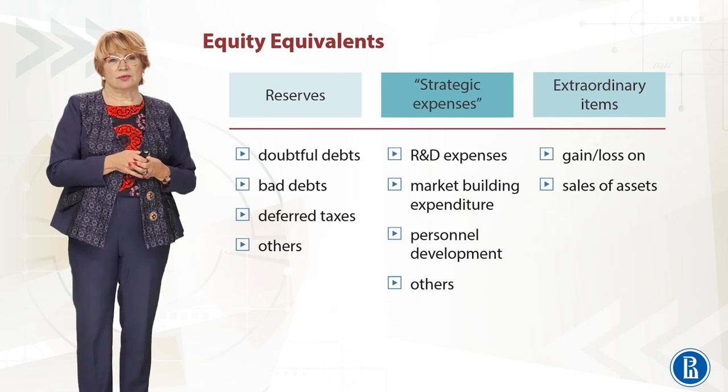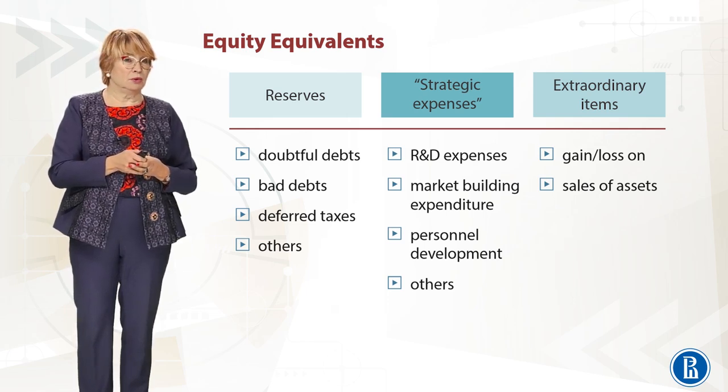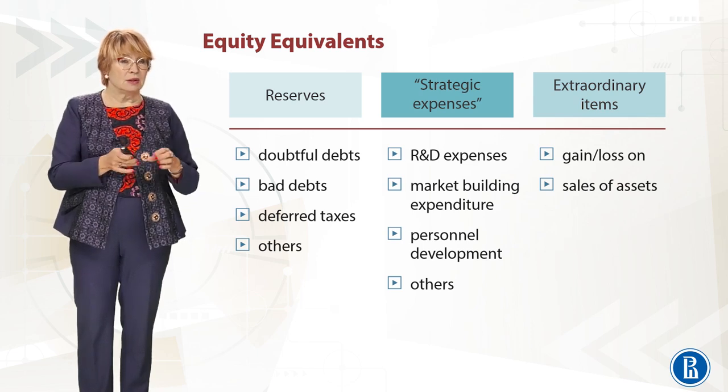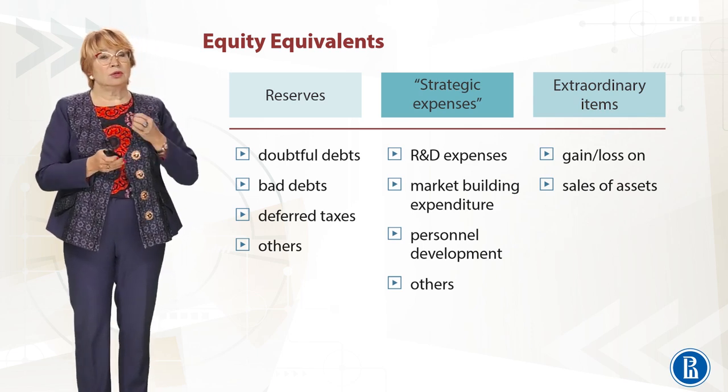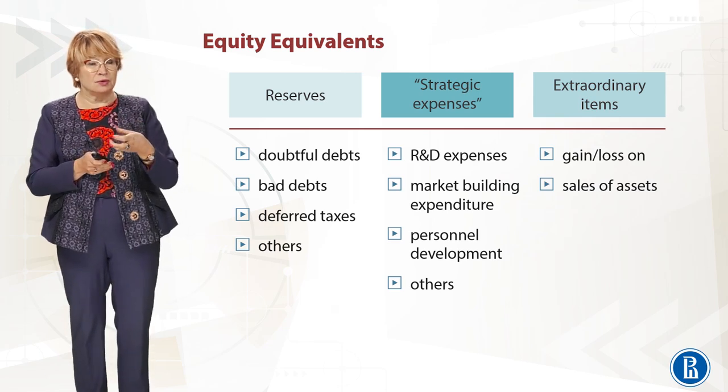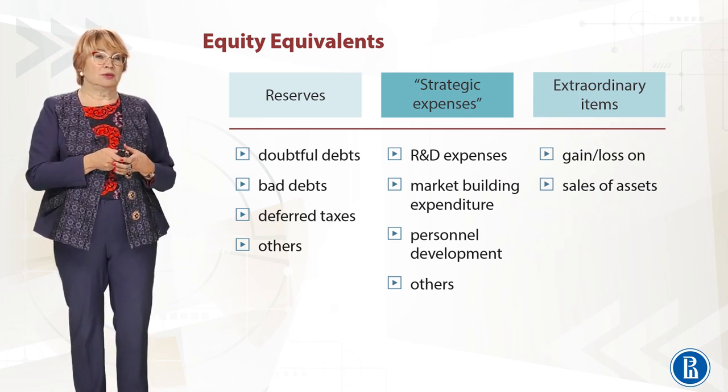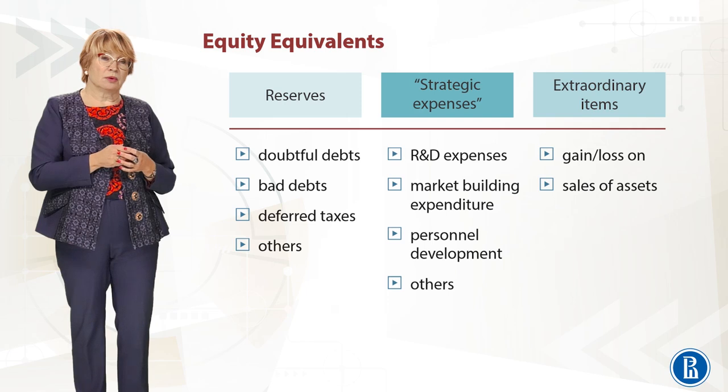So from that follows you need to make some specific adjustments when computing your expenses, because bad debts and doubtful debts are an instrument which increases the expenses when you are trying to understand your accounting profits.